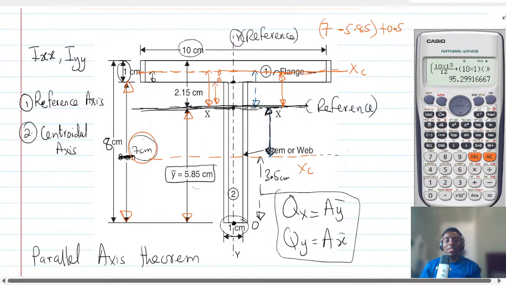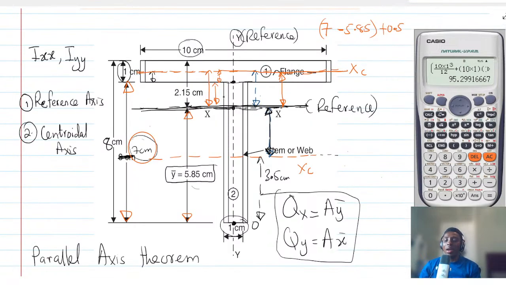Whenever you do the IXX and you are coming to do the IYY, all you have to do is to just switch.